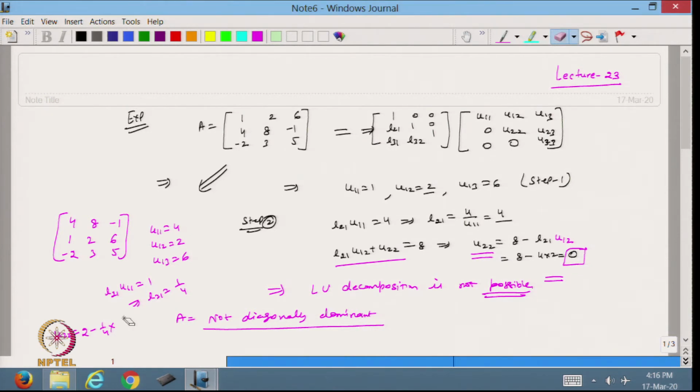So, it is equal to U12, that is 2. So, 2 minus 1 by 4 into U12, 2.